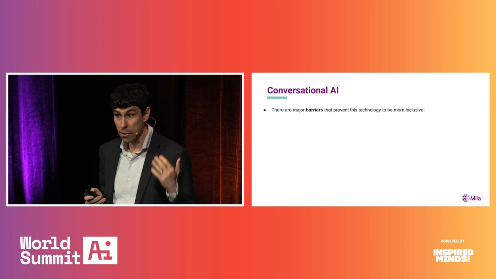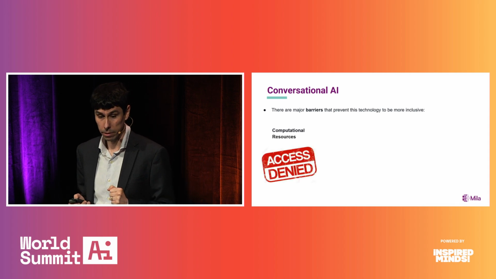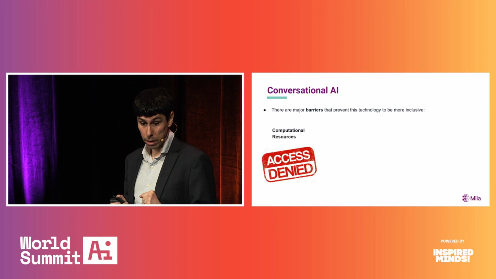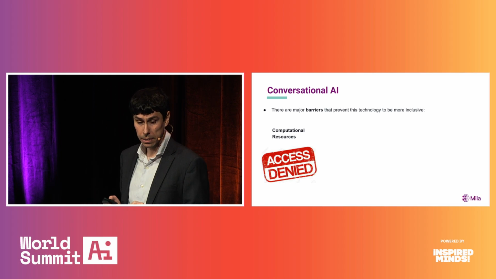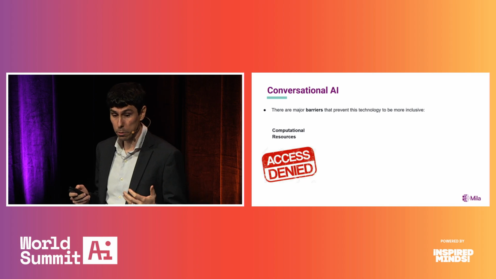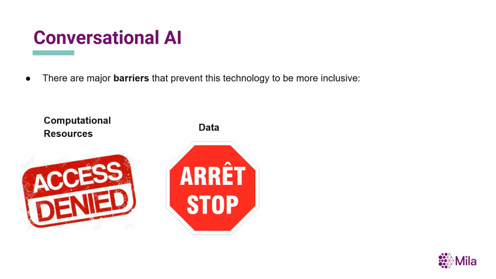There are barriers these days that prevent this technology from being inclusive. First, the models are so big that we cannot afford them in terms of computational resources. Only few people in the world have the computational resources to train a state-of-the-art model like ChatGPT. Very dangerous. Another problem is data. Of course, there are companies that have more data than others, and they cannot share.